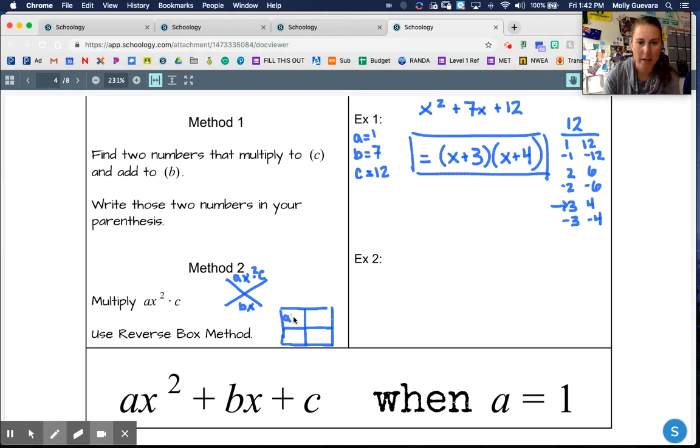And then ax squared goes here and c goes here. Okay? And then whatever these numbers are, fill in.